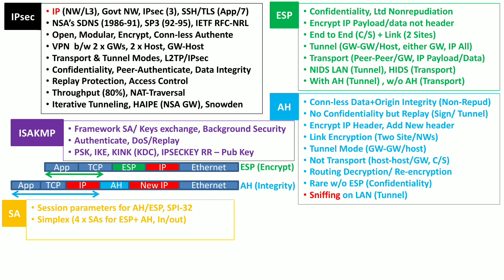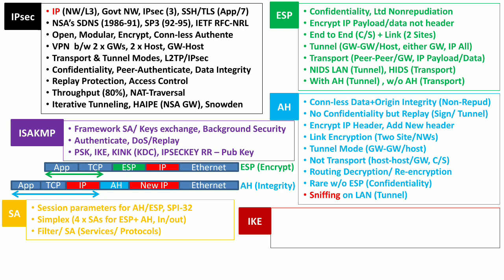So if we are using AH and ESP both in IPsec, then we need to create four SAs for two directions, one SA for incoming and one SA for outgoing. So we can also filter the IPsec traffic based upon security associations, or SAs, and we can filter various services and protocols.